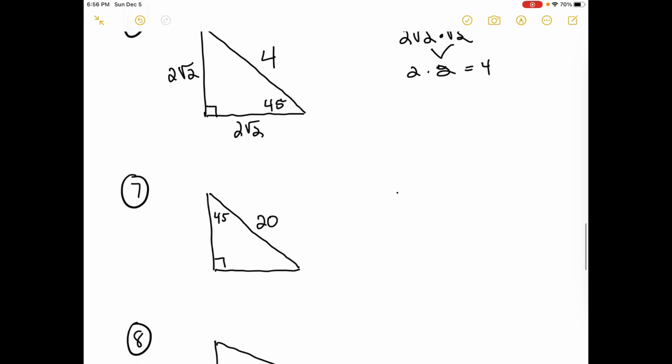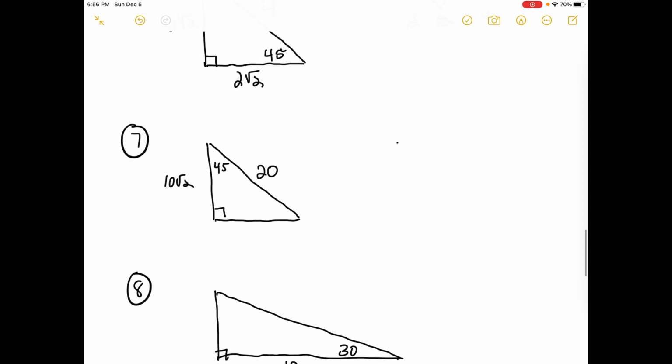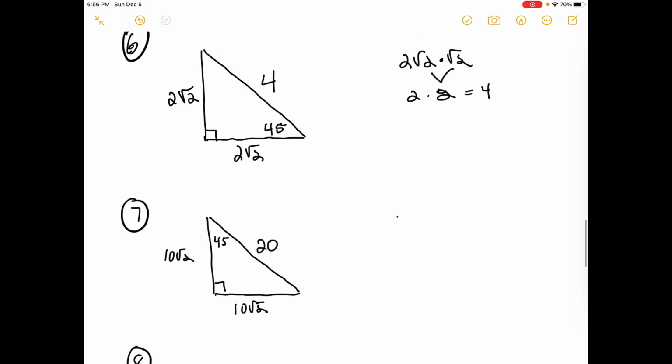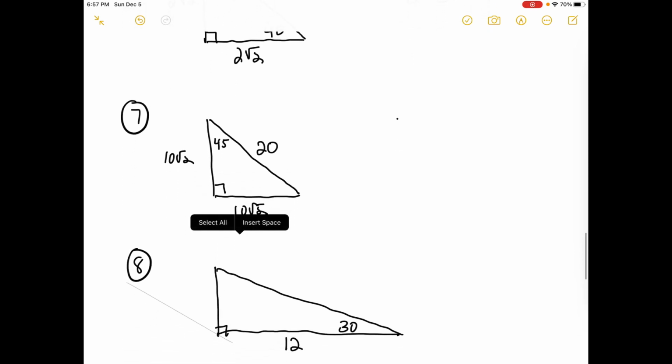Okay, number 7, 20 is leg root 2. So that's going to be a root 2 times a root 2 times something. That's going to be 10 root 2 and 10 root 2. And notice the pattern on those. On 6, if you halve the hypotenuse times root 2, half the hypotenuse times root 2 on 7.